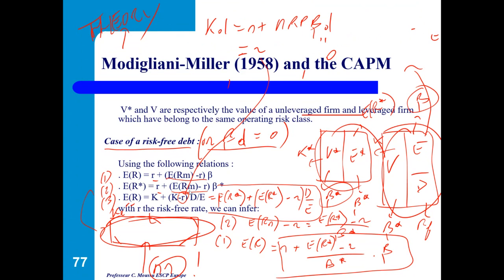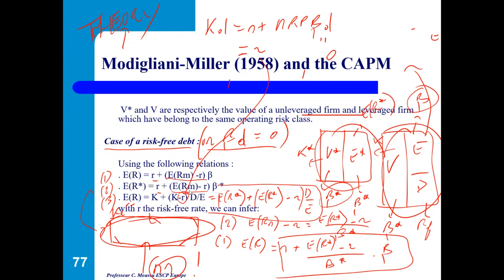Difficult, if you say, well, if the economy is bad, I may default, this is correlated to the market. Because if the economy is bad, it will affect the market. So say beta D is 0 and there is a risky debt means, for instance, if I lose a big customer, then I will default on my debt.